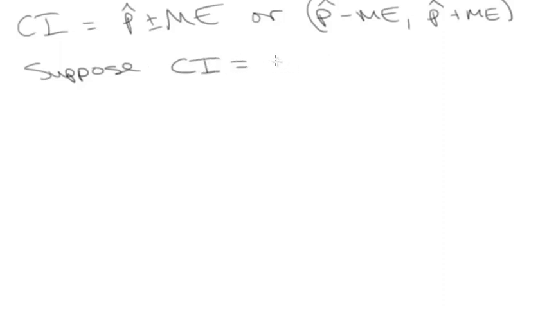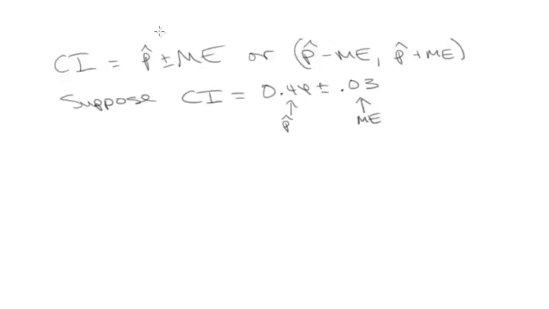Suppose the sample proportion that we've collected was 44% and the margin of error was 3%. Can you write that as an interval? So you need to see that this is the sample proportion and this is the margin of error. You need to be able to look at this and see that it's in this form. So that the first value here is your sample proportion, the second value there is the margin of error.